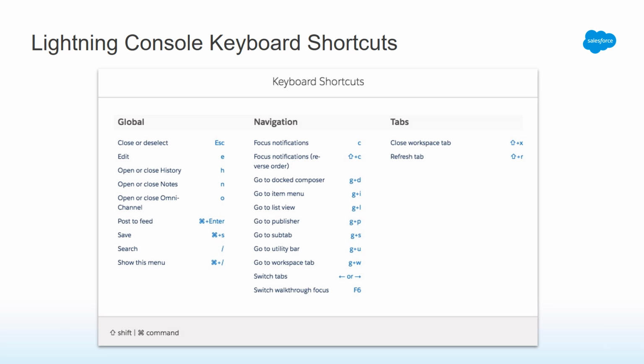If you can't remember all of the shortcuts, enter Control plus / for Windows or Command plus / for Mac. Then you can see the complete list. There are more shortcuts available for console apps than standard navigational apps.